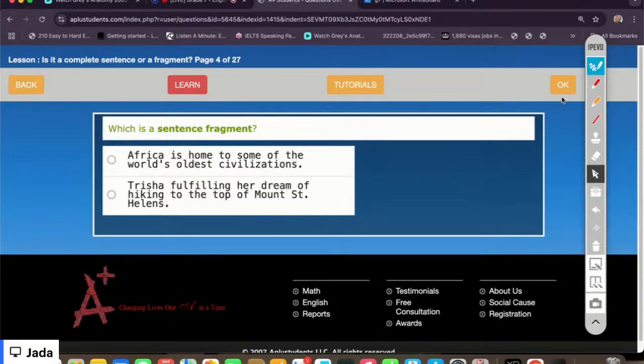Okay, so Trisha fulfilling is a sentence fragment which is missing the helping verb.